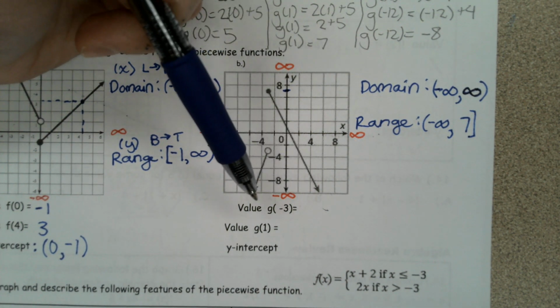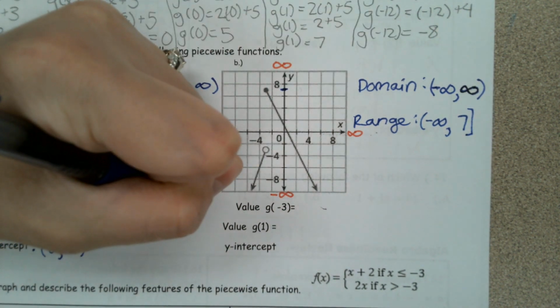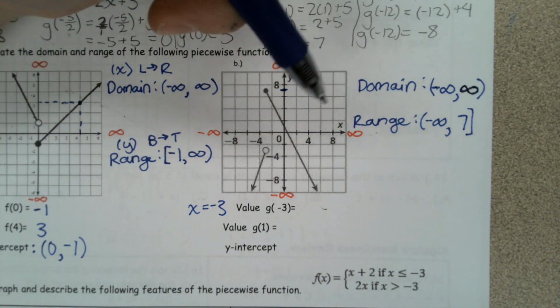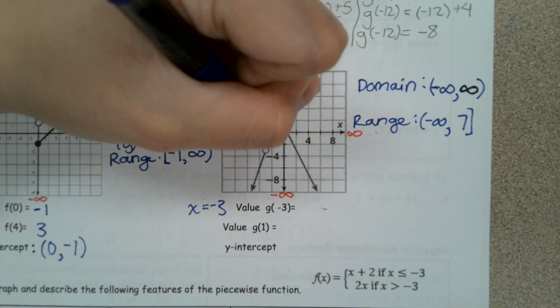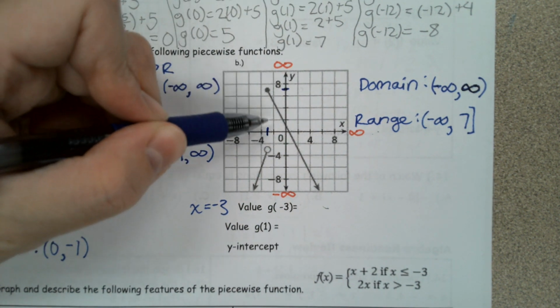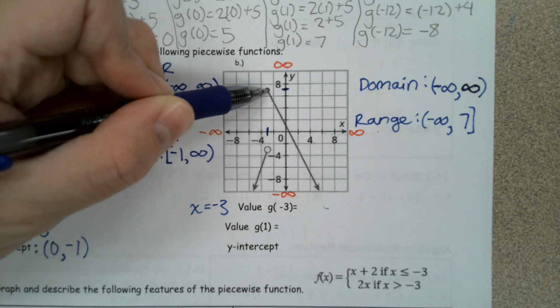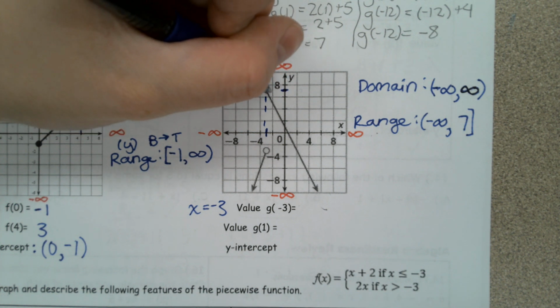Now we evaluate g of negative 3. That means that x equals negative 3. So you find it on the axis. So it goes up by 2's. This is negative 2. This is negative 3. Now we're going to look up and down and find a point that connects with negative 3. This one here. Negative 3 connects to this point.